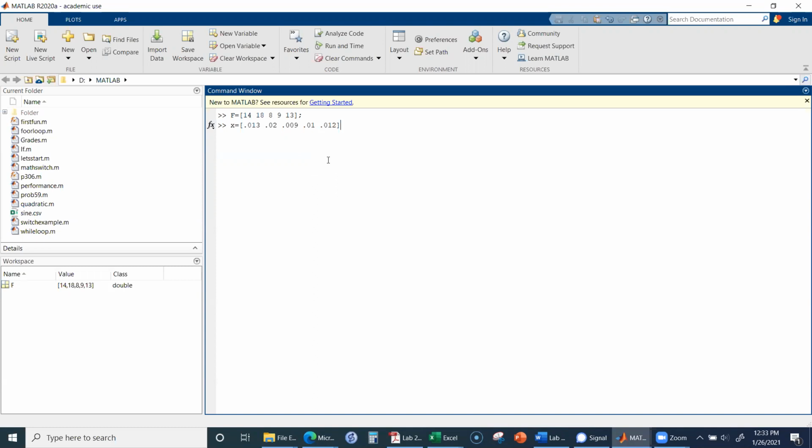Remember that when you input data for the matrices, you can either put a space or you can separate this data on the same row by commas. Okay, if you put commas, then it will mean that you will be entering data on the same row.